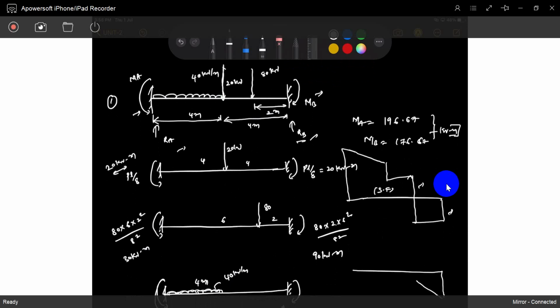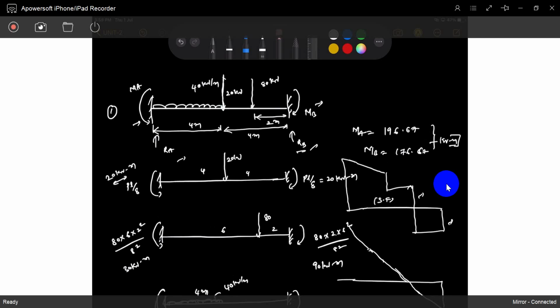It will decrease somewhere, and once it starts to increase, it will nullify somewhere and keep increasing. It will go on increasing with some slope.